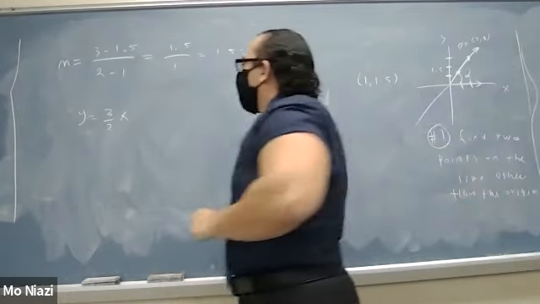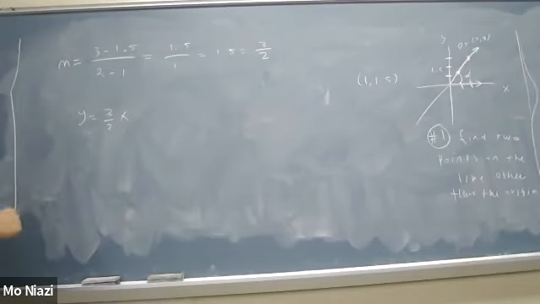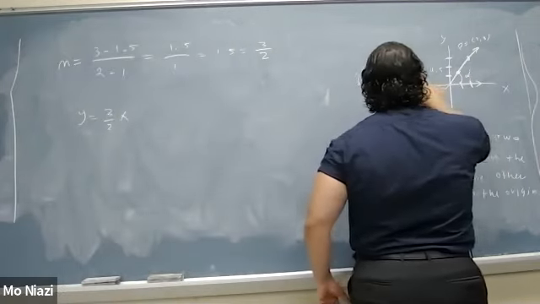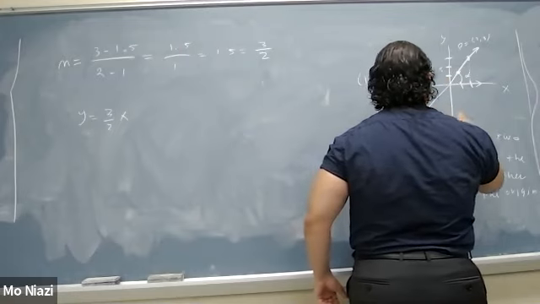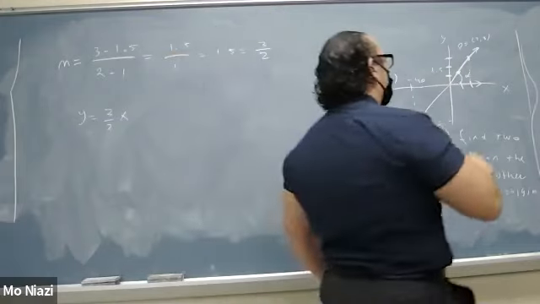Okay. Now, what if I wanted to find any point on this line? What if I wanted to see what this is at -40? What is the y value here at -40?